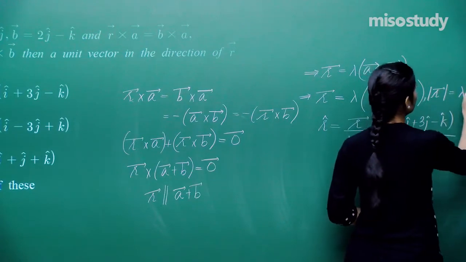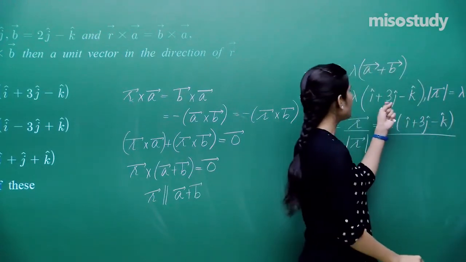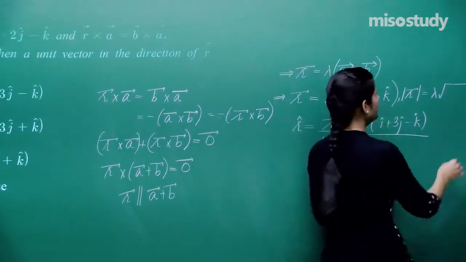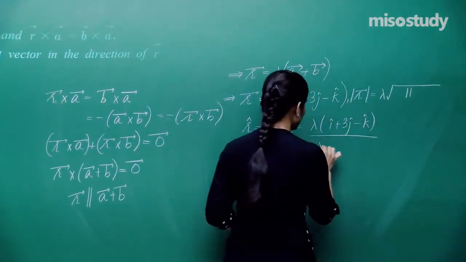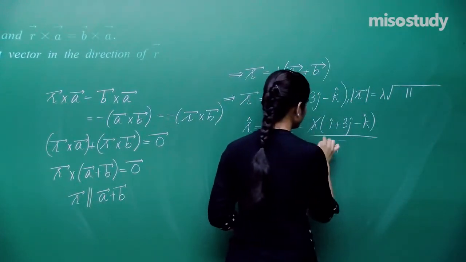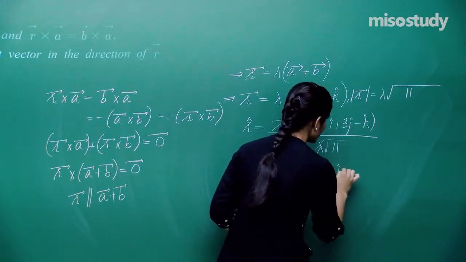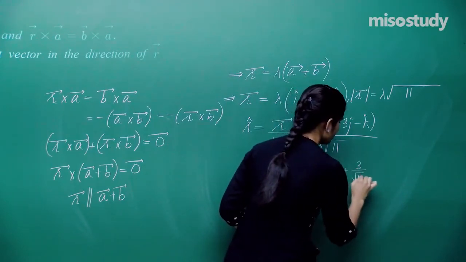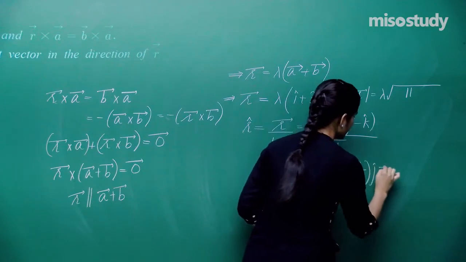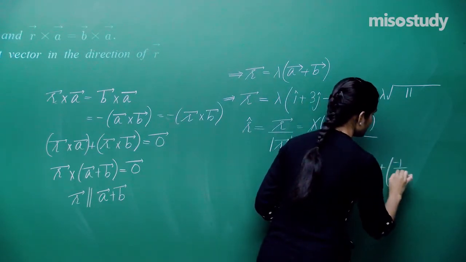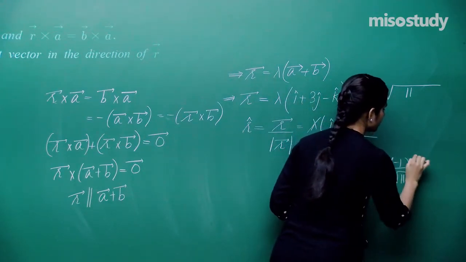You can take out lambda, you are left with under root of 1 square plus 3 square plus 1 square, which is 11. So you get lambda root 11. And you have 1 by root 11 i cap plus 3 by root 11 j cap plus minus 1 by root 11 k cap.